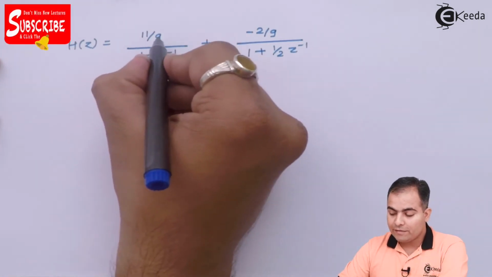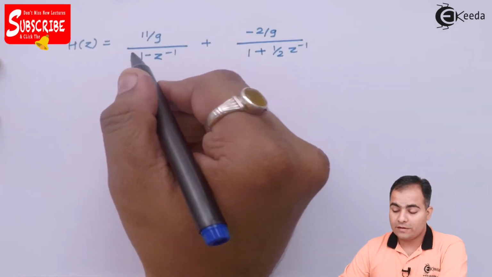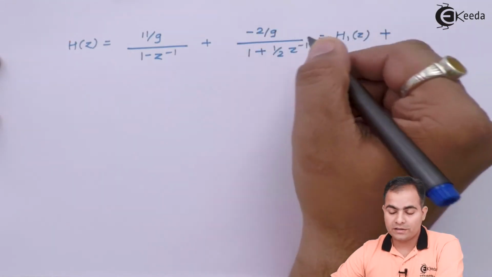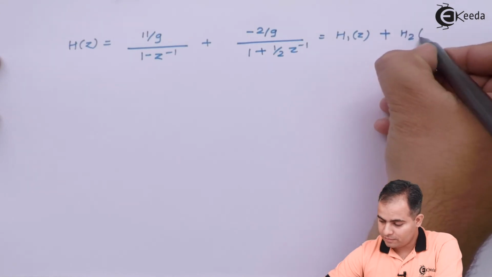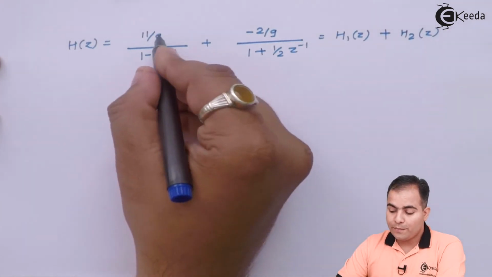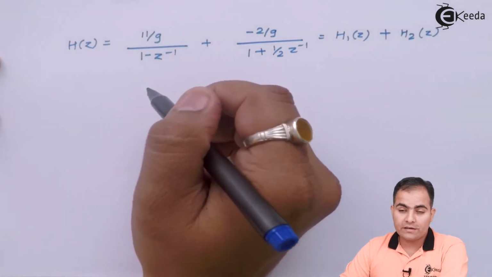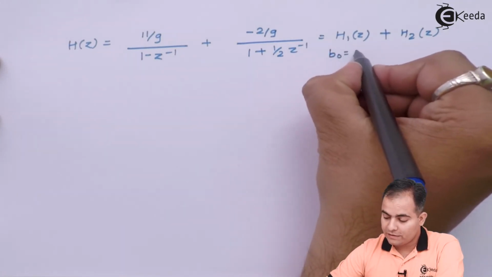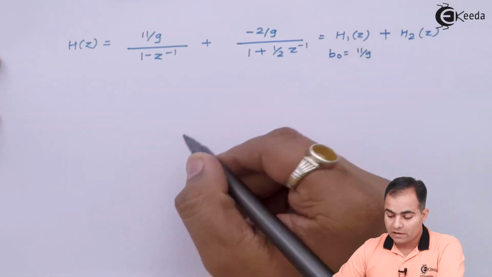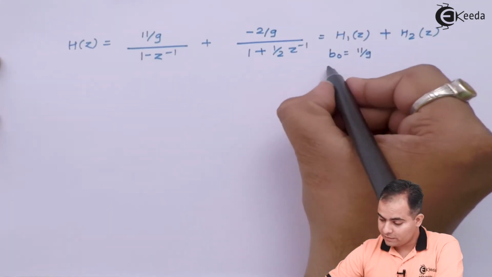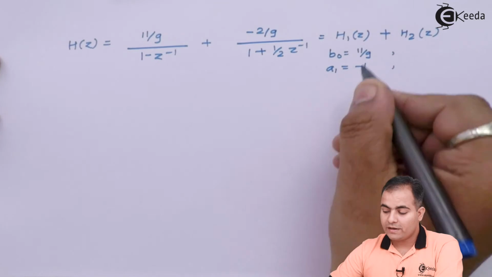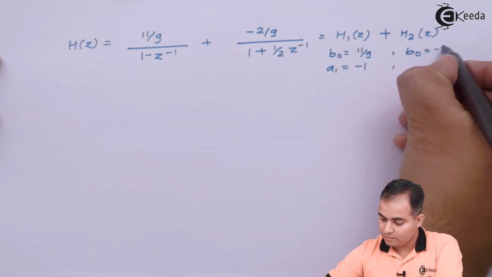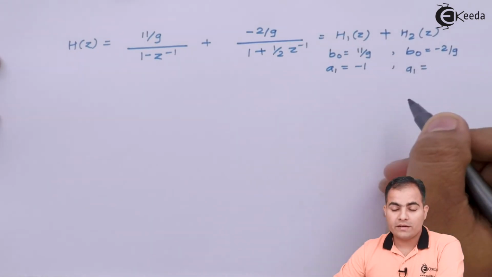So let's say 11 by 9 upon 1 minus z inverse is my first H1(z), and the second part is my H2(z). Now compare this H1(z) with the standard form of transfer function. Here my b0 value is 11 by 9 and my a1 value is minus 1, whereas in H2(z), my b0 value is minus 2 by 9 and my a1 value is half.